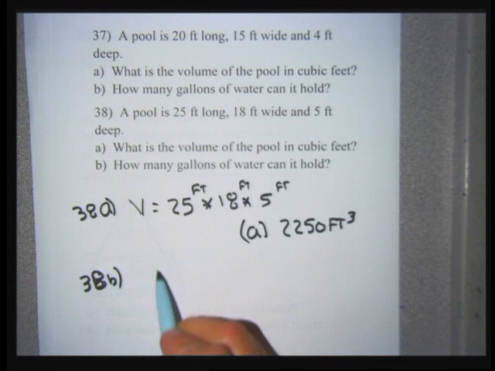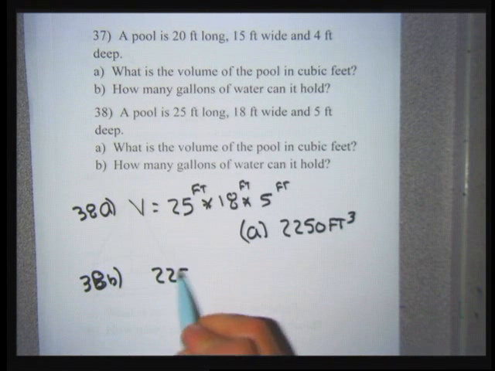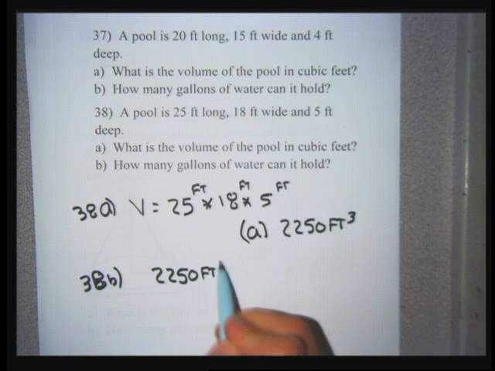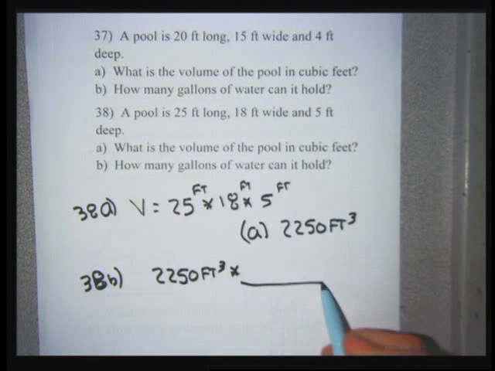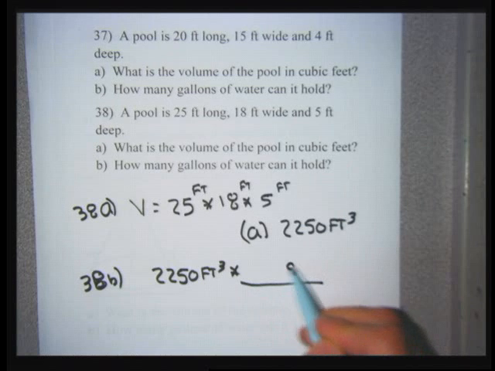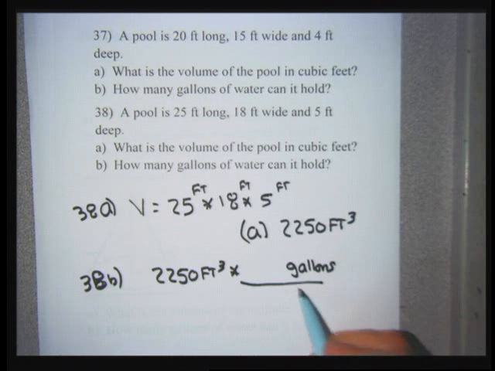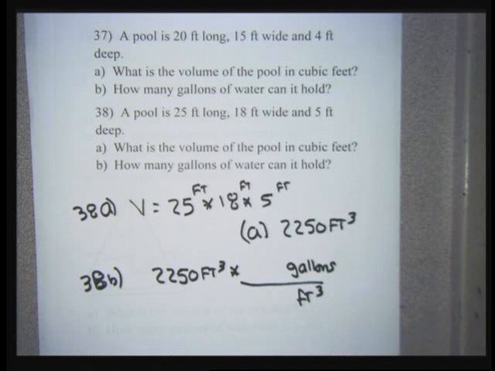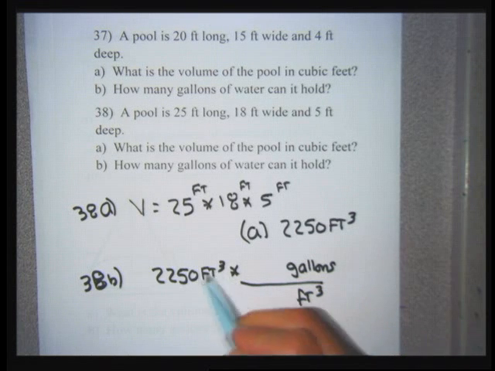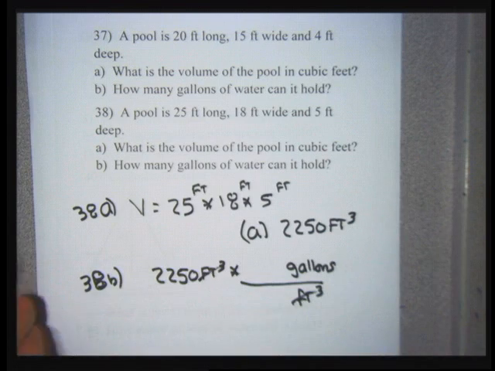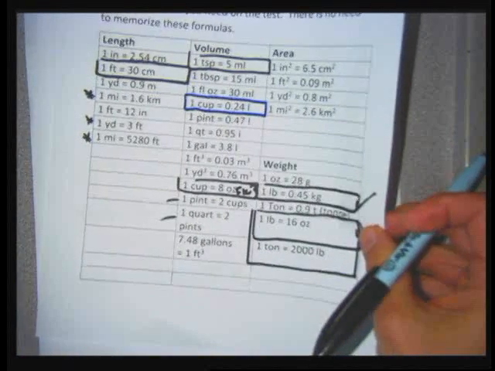I'm going to take the 2,250 cubic feet, and I'm going to multiply by a unit to get to gallons. In the numerator, I want to end up with gallons, so I'm going to put gallons in the numerator. And in the denominator, I want to get rid of cubic feet, so I'm going to put cubic feet in the denominator. I'm going to cancel out my cubic feet, and I'm going to use the 7.48 gallons as 1 cubic foot.